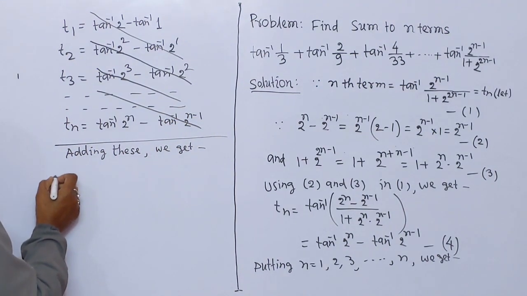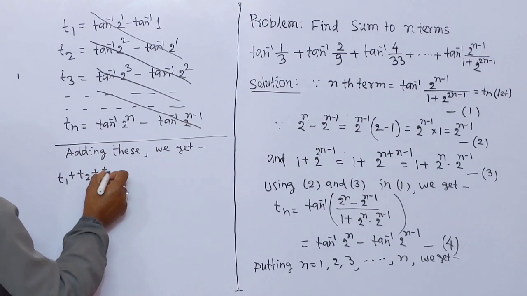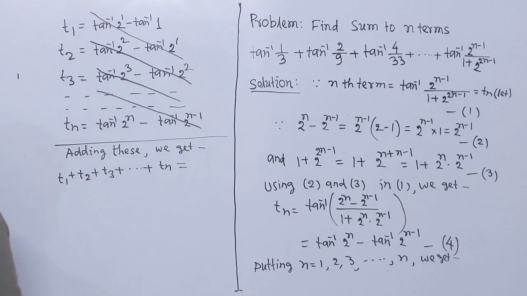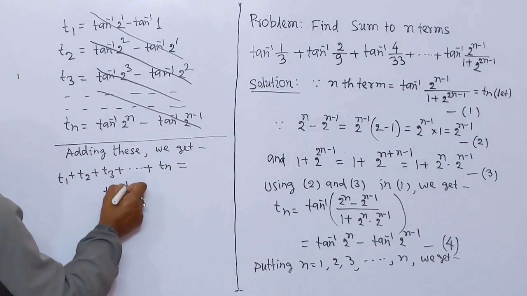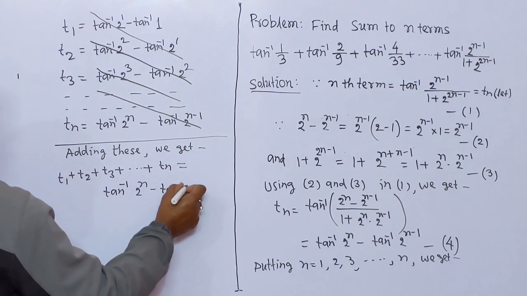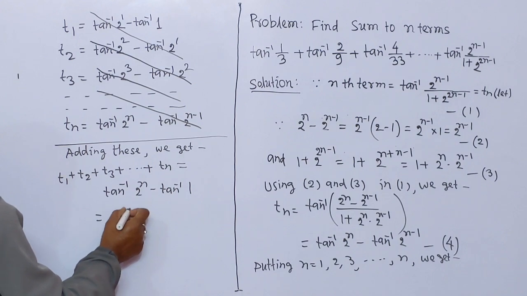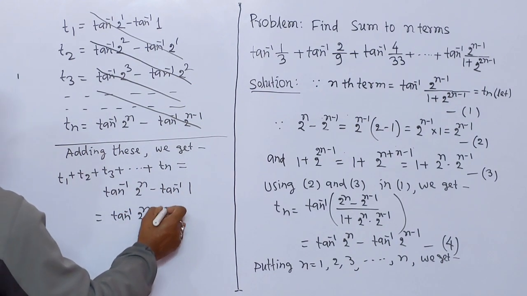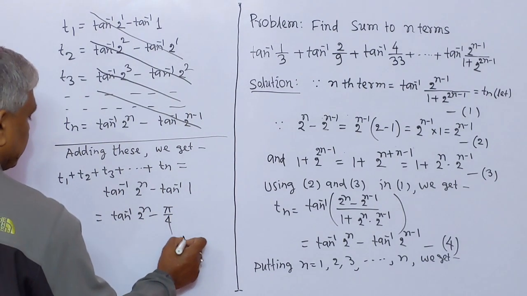So what remains is T1 plus T2 plus T3 plus ... plus Tn equal to tan inverse 2 to the power n minus tan inverse 1. This equals tan inverse 2 to the power n minus pi by 4. So this is the required answer.